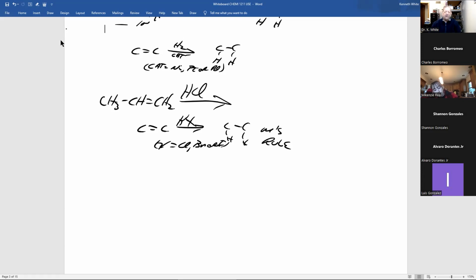The carbon with the most hydrogens gets the hydrogen, and the other carbon of the double bond gets the halogen. Therefore, this has 2 hydrogens, this has 1. Wasn't the math hard this semester in my class? Which is larger? Hopefully you pick 2. You don't break carbon-carbon single bonds. Start with 3, end with 3. This gets the hydrogen because of Markovnikov's rule. This gets the halogen, which is chlorine. Chlorine counts as 1 bond to carbon. And that's what you get.